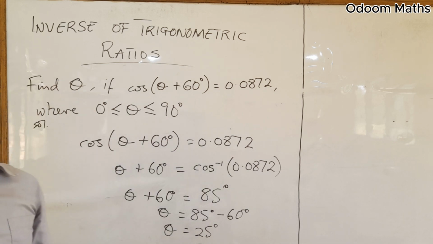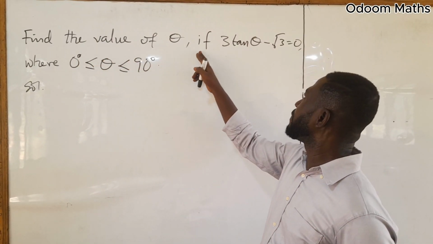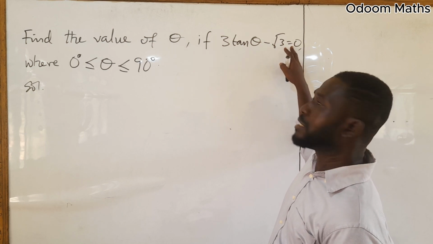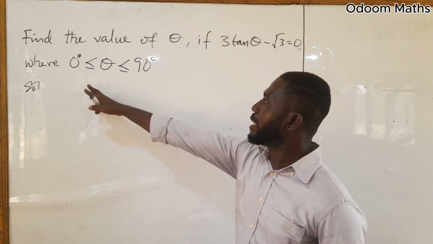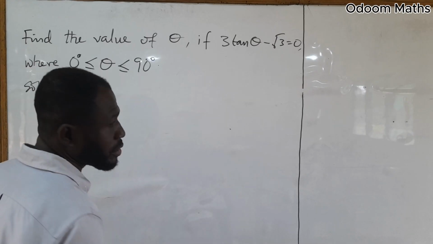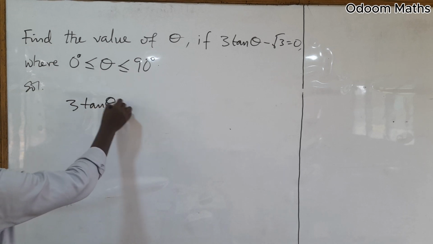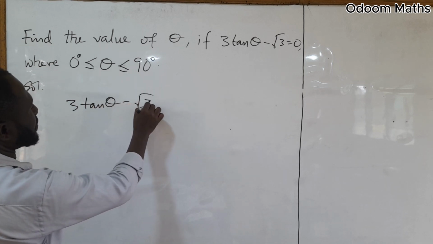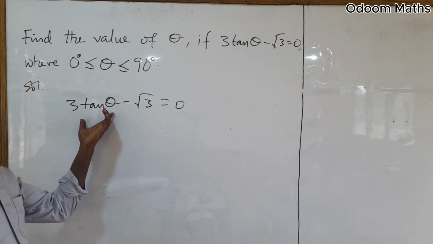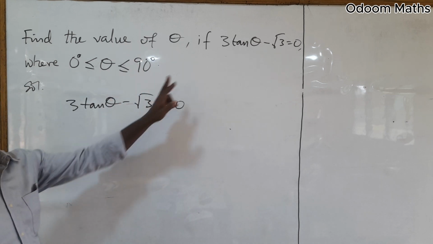Now let's look at one more example. Find the value of theta if 3 tan theta minus root 3 is equal to 0, where theta lies between 0 degrees and 90 degrees. So 3 tan theta minus root 3 equals 0. We are finding theta, so you can move this to this side.